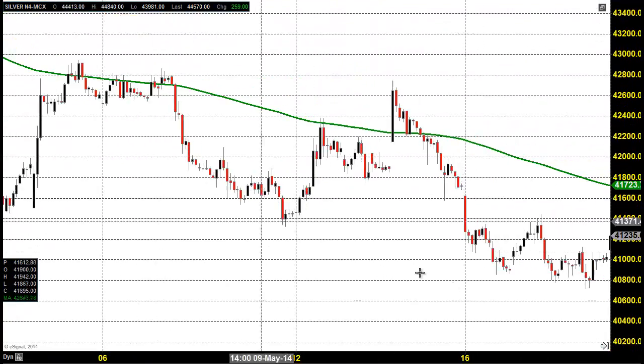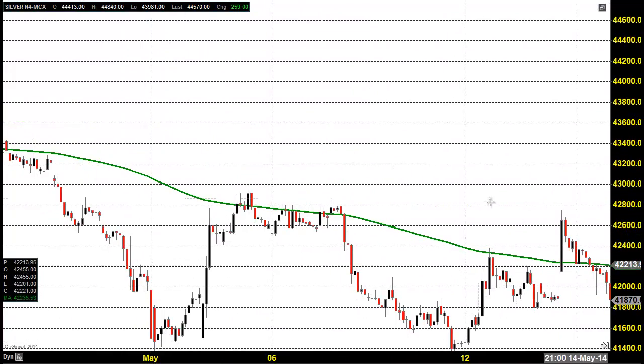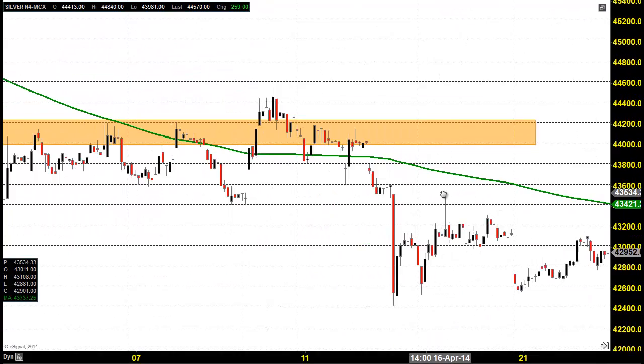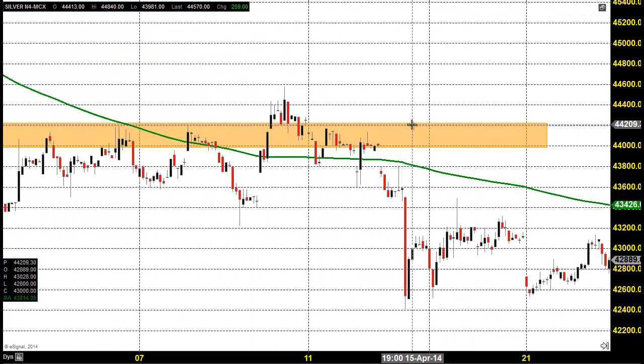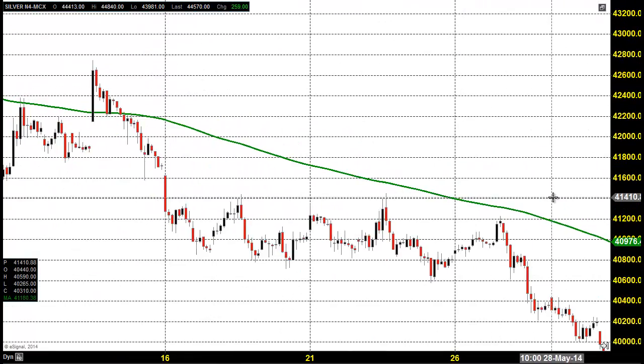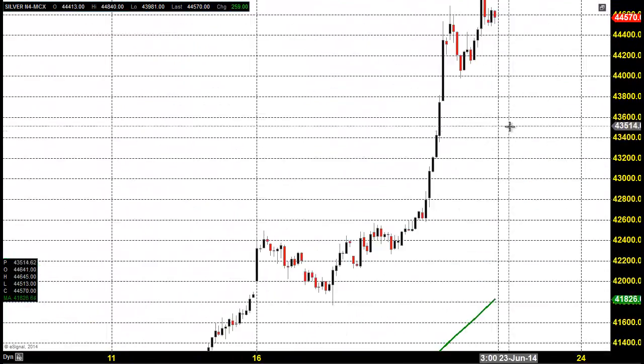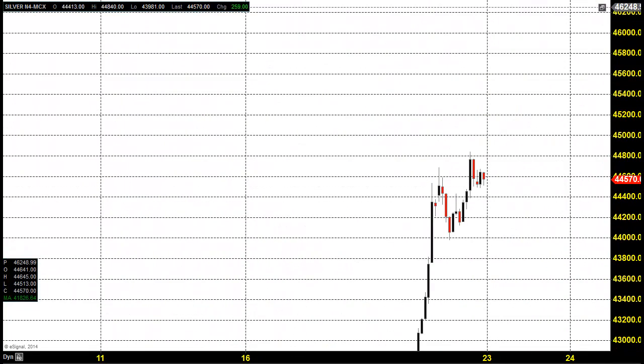You can see why the price came down to this extent in the silver market, because the root area was here, 44,000 and 44,200. This is the root cause area where the price found a long term trend, a complete downtrend in the silver market, but now the price is in this particular zone.